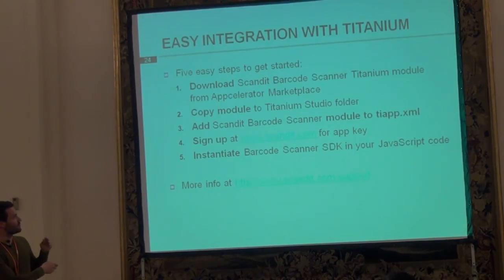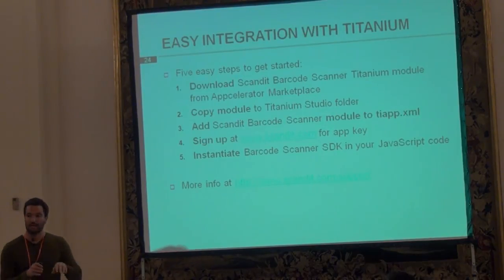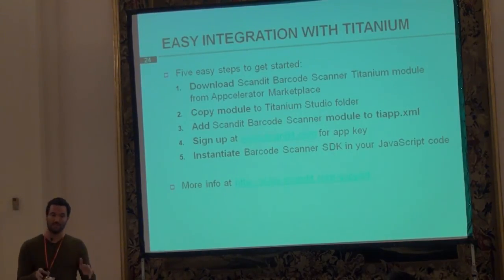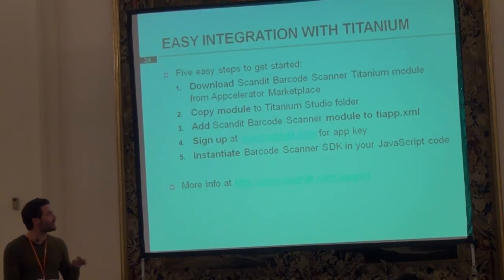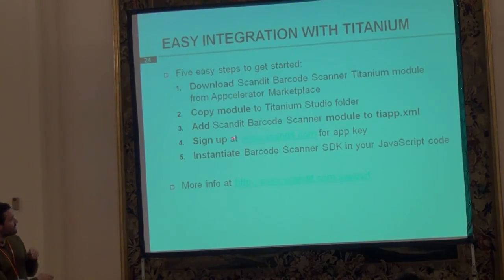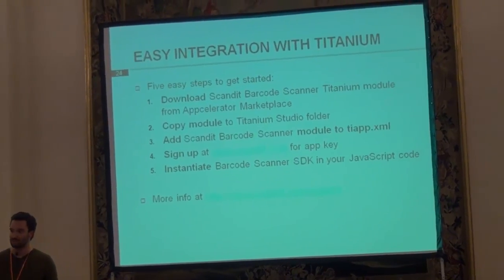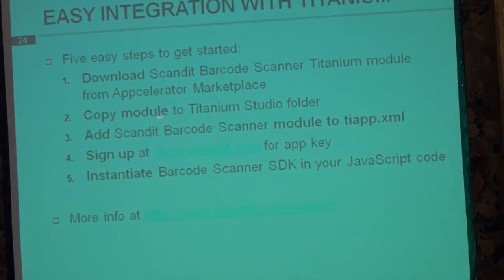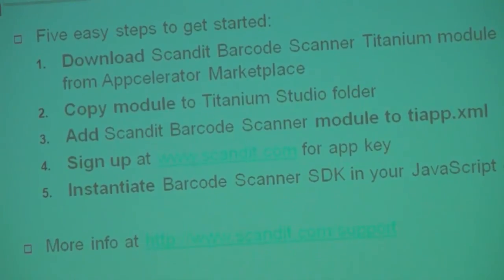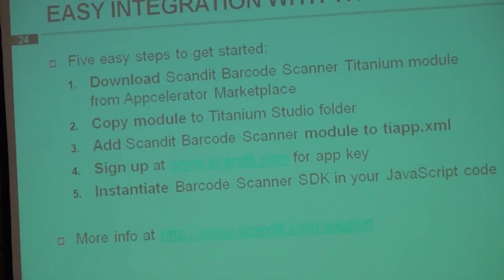You download the module and then copy it to your local Titanium folder. You take the iOS module and the Android module, and copy them over to your modules folders for iOS and Android. You then add the two references to these modules to your Titanium application XML file. Very simple. And you'll have to sign up on Scandit.com for an application key.